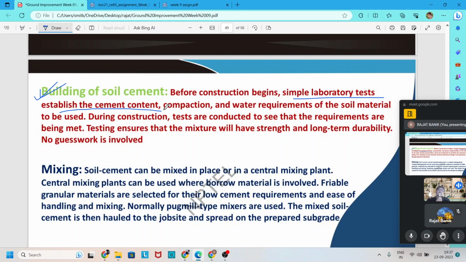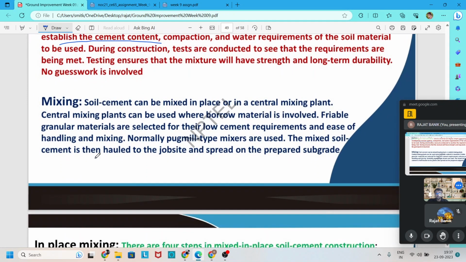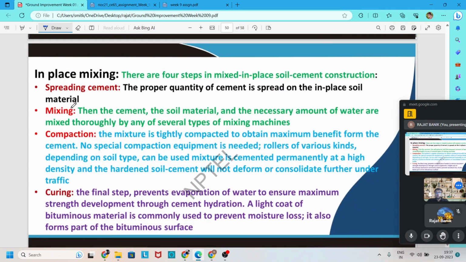Sometimes pug mill type mixers are used to mix the soil cement, and it is then spread over the ground.